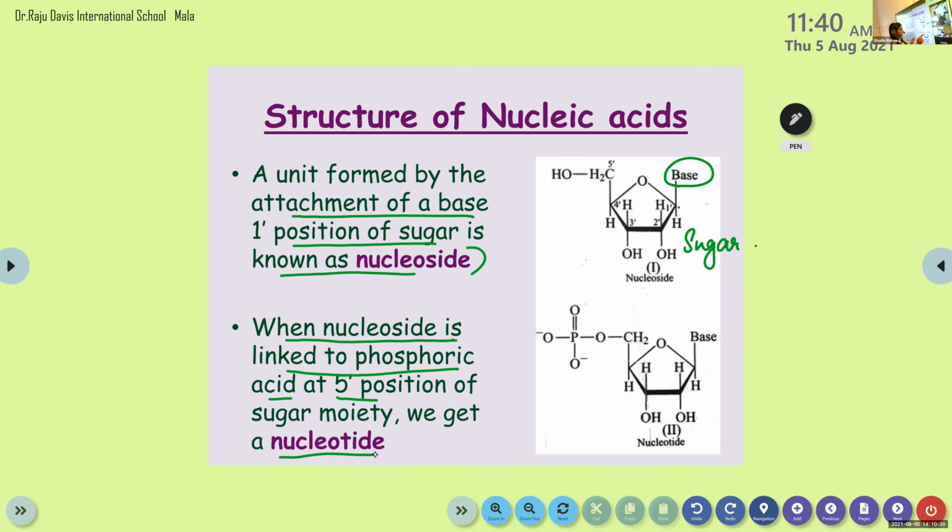The base is already attached to the sugar molecule in the nucleoside, then phosphoric acid is attached at the 5th position. It is considered a nucleotide.